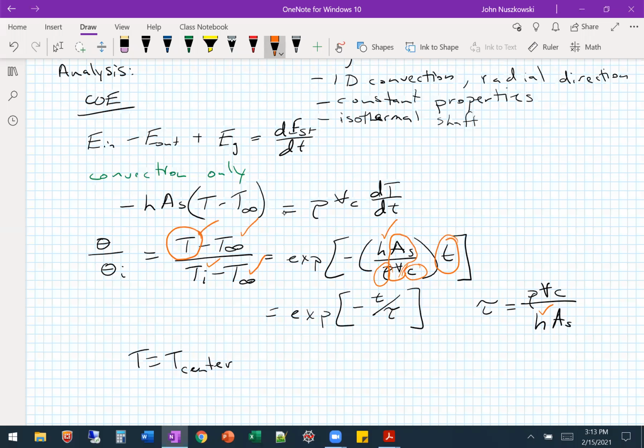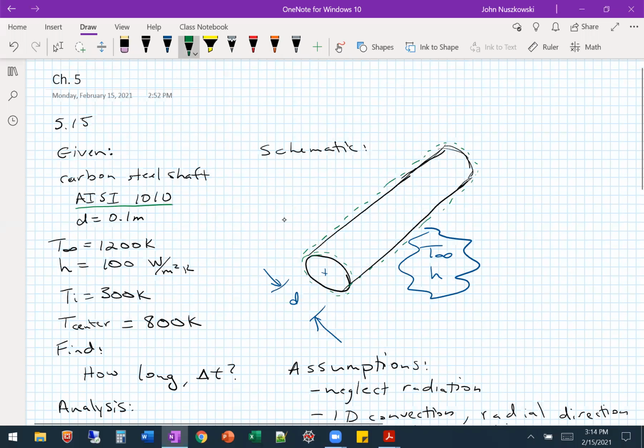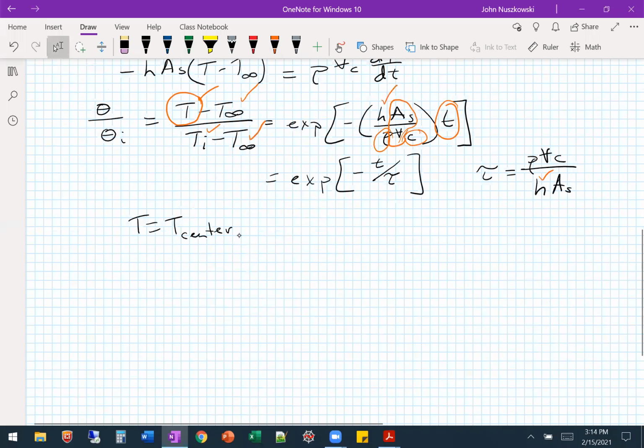What about the properties? Say density, specific heat in the equation. Where do we get that? From the table. So we were given something nice and specific. They gave us AISI 1010, and we can go to our appendix.